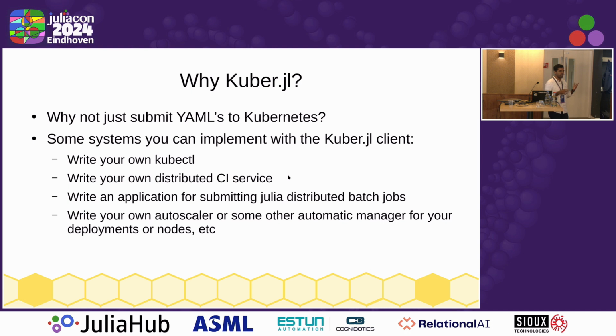In fact, we had one of those running in the pre-Julia 1.0 days. Using GitHub.jl, you could write a GitHub webhook listener, and then based on what packages are getting registered, you could start jobs on your Kubernetes cluster.